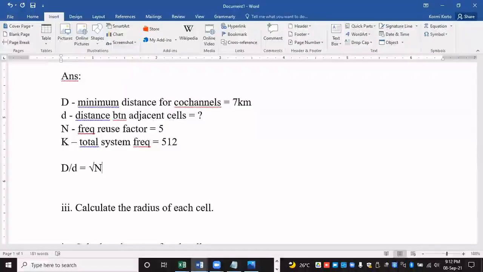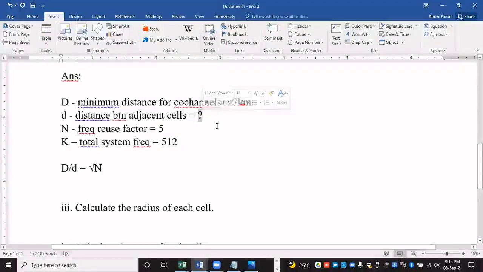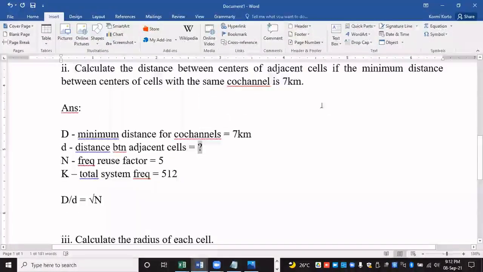So that's the formula that you need to calculate the distance between adjacent cells, which is the missing factor within this particular question.